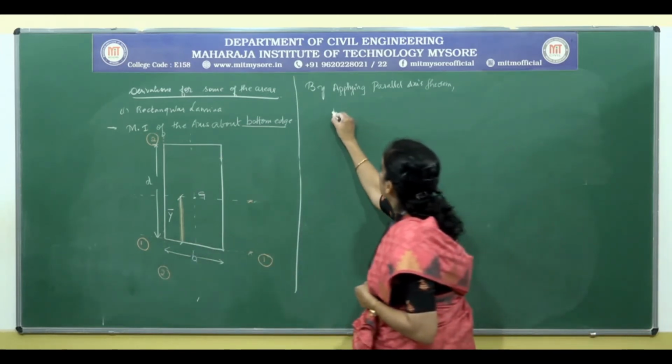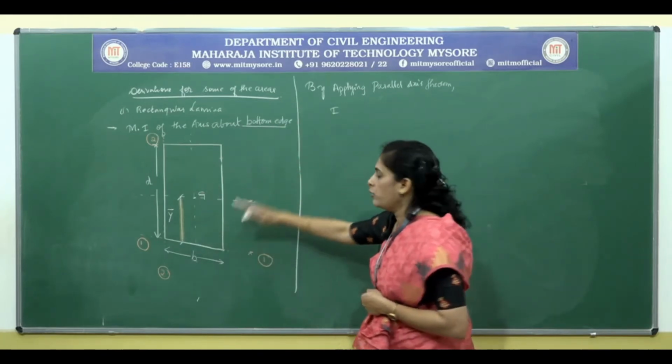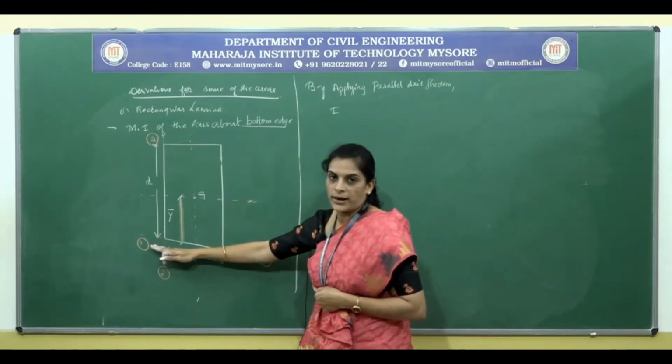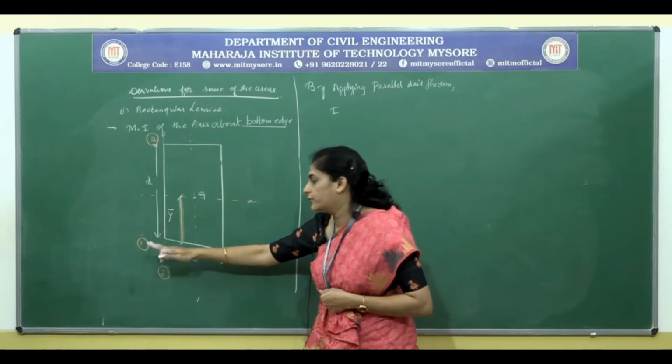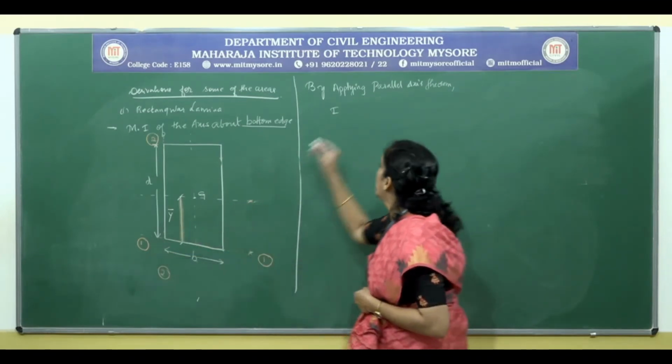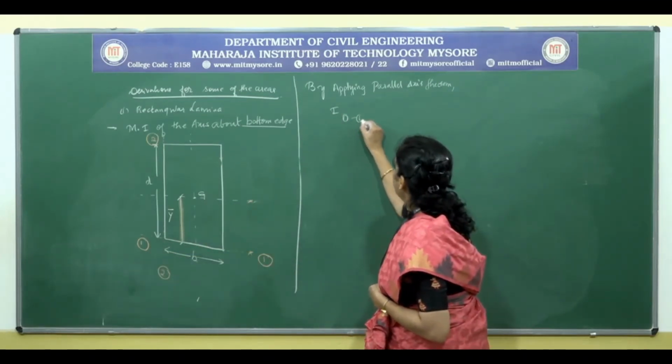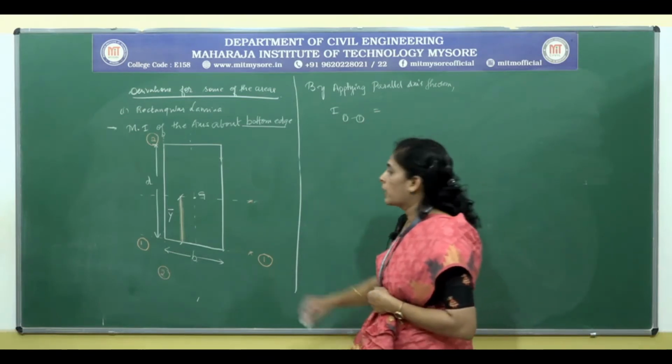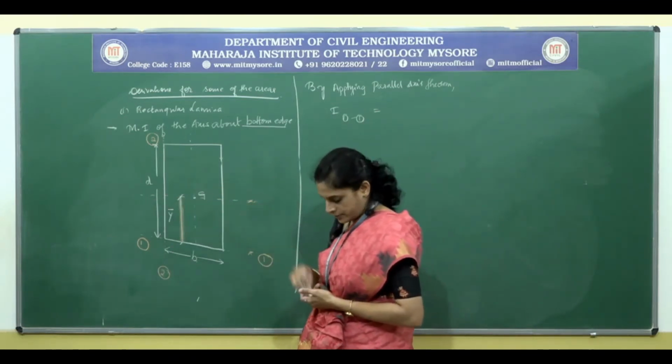As per the diagram, this is the required axis, that is, the moment of inertia about this axis is required. I11 is equal to Ixx.